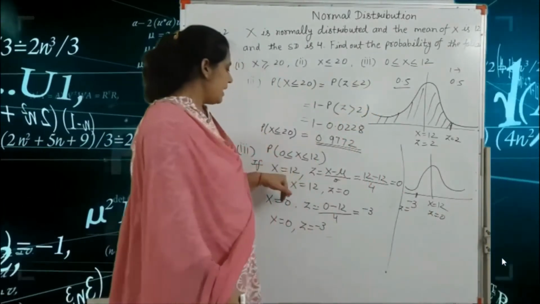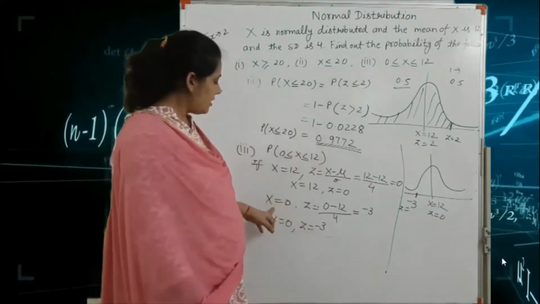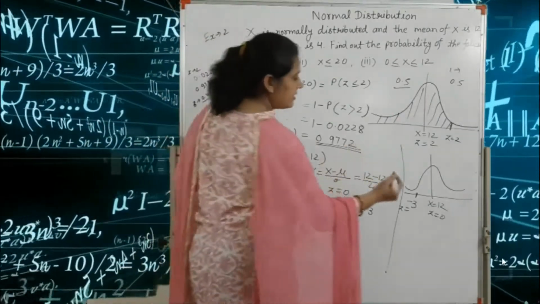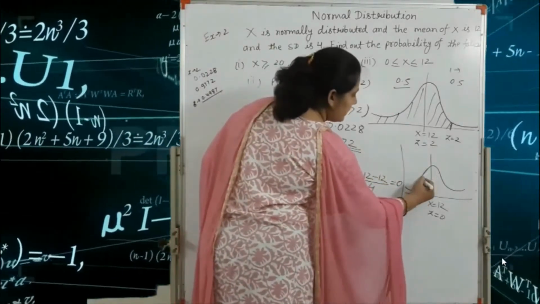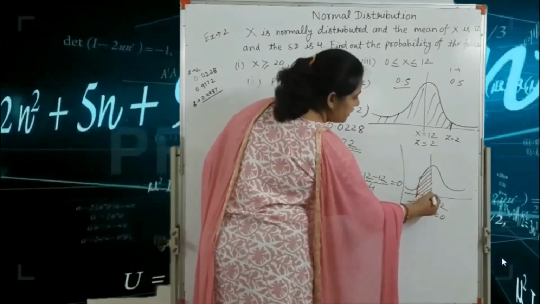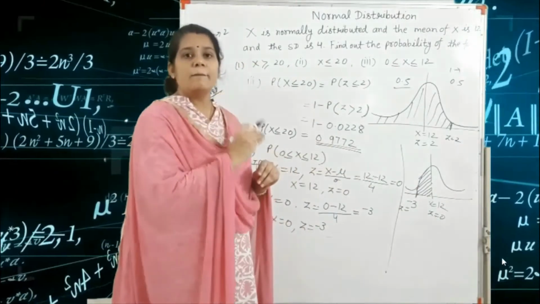That means x is from 0 to 12, or z is from minus 3 to 0. We draw this shaded area, and we find the probability of this shaded region, 0 to minus 3.